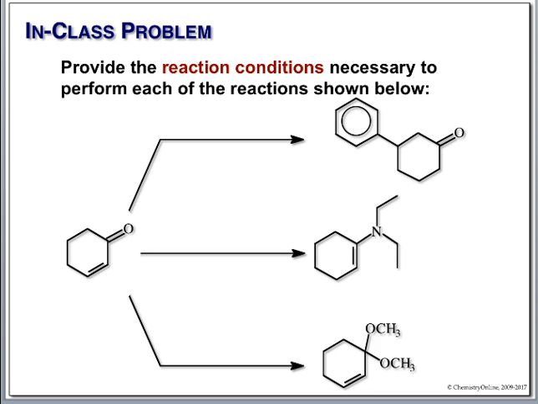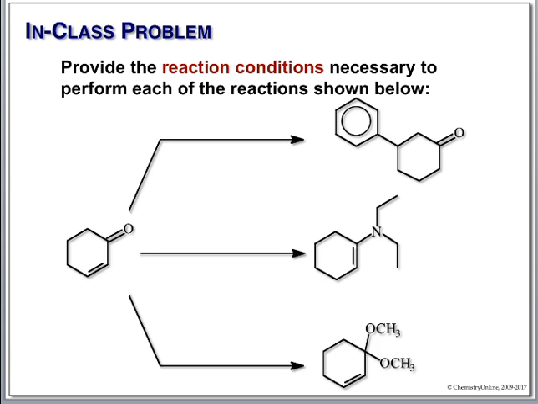All right, same story here. What have we done? We've added a phenyl group to our beta carbon. Now, this is the beta carbon down here, but I flipped it around so it fit better.